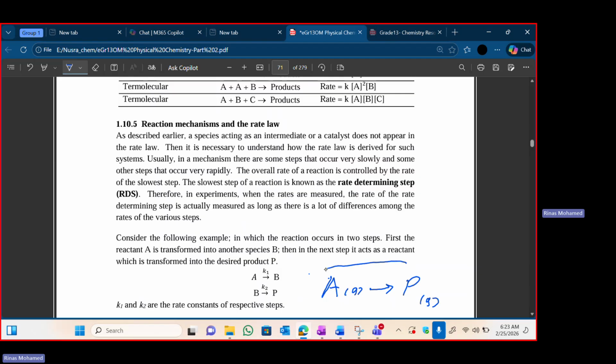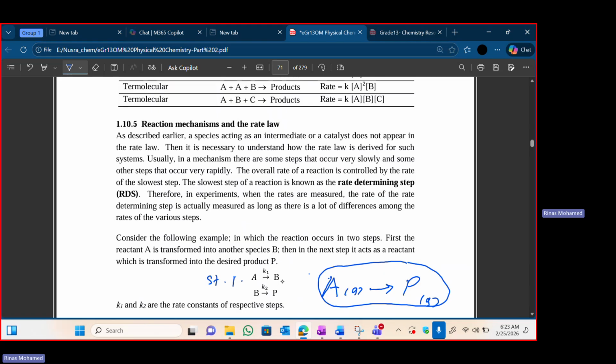This is the overall reaction, but the first step happens like this. First step, step one.